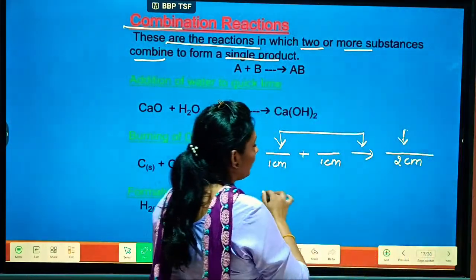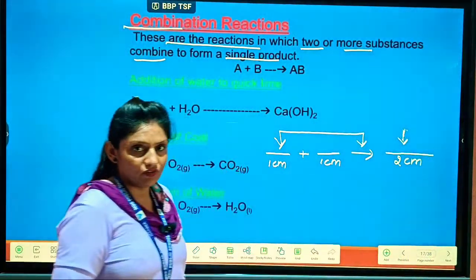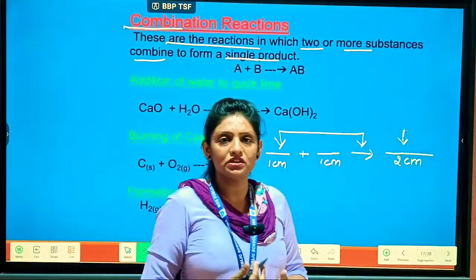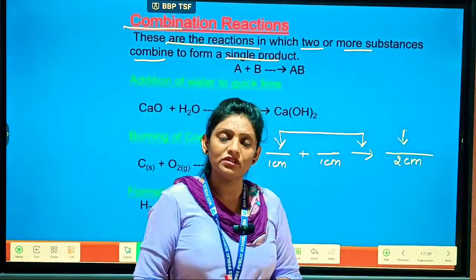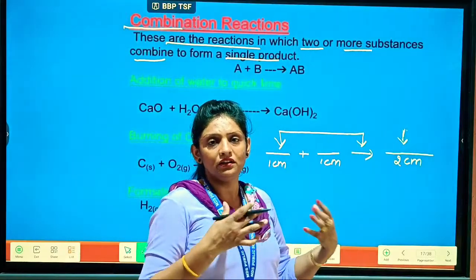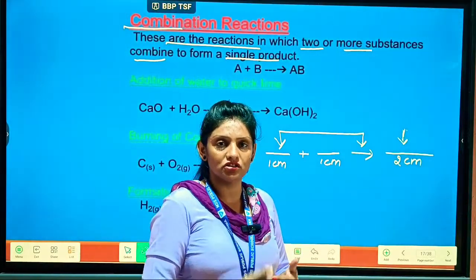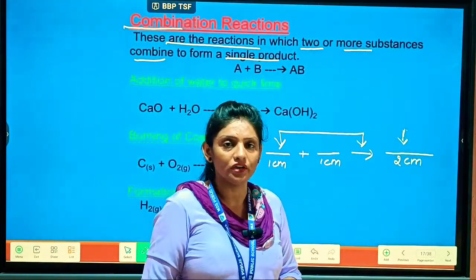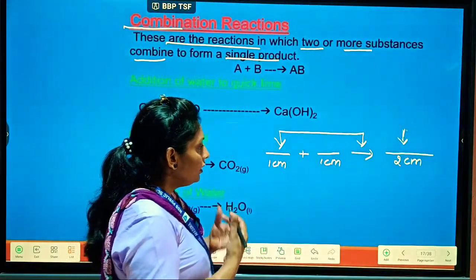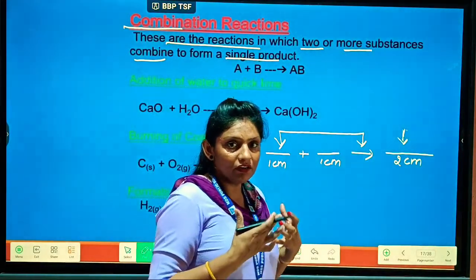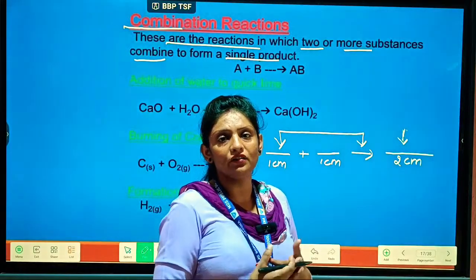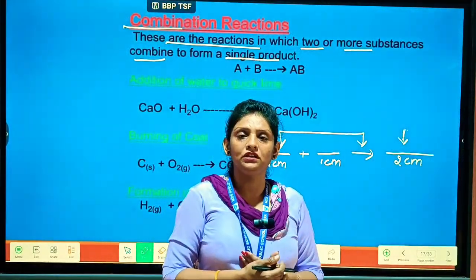Because here we are studying chemistry, and you know very well, in chemistry we deal with chemical equations, reactions, with chemicals. Okay students, so in the form of a chemical equation, how can we explain this?